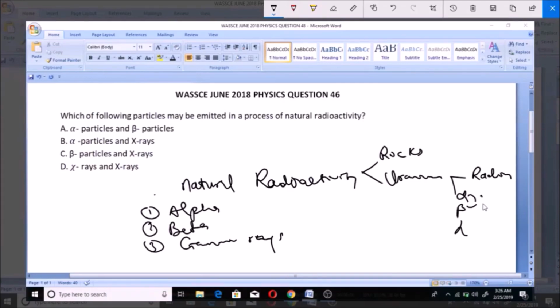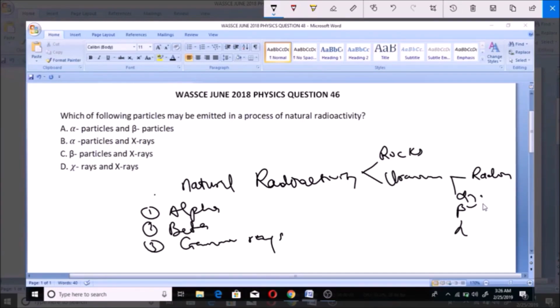So from these options, the option that has the alpha and beta particles is option A. There's nothing like X-ray here, so X-ray makes the other options invalid. Gamma rays are also emitted in natural radiation, but they escape, while the alpha and beta particles are trapped in the rocks.